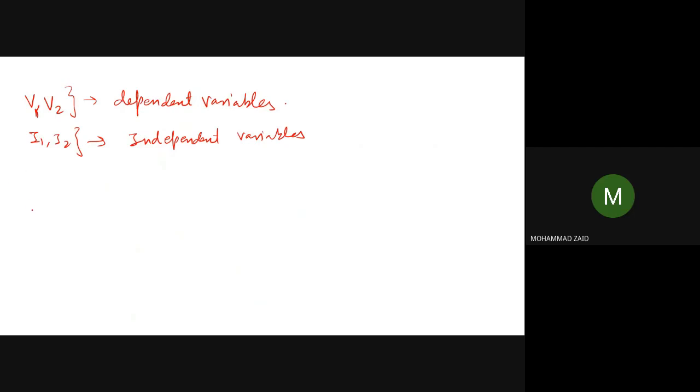Now you can represent it like this. You can see that you can formalize it like this: Z11 is equal to V1 by I1, provided I2 is 0. That means you are open circuiting the port number 2.